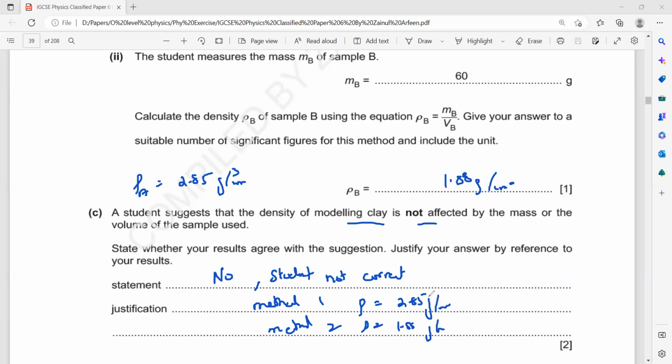So it means that for us, when we change the method, the density changes. It should not change, but it is changing according to our values. So you will always write the answer according to your values. Is this part clear? Yes sir, clear.